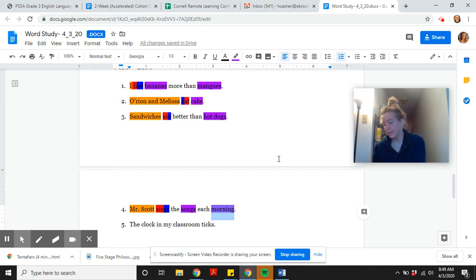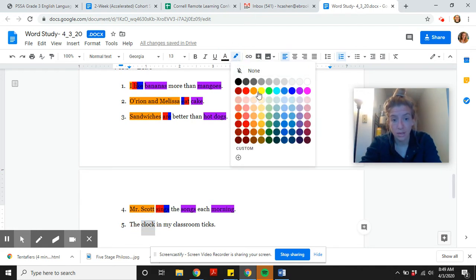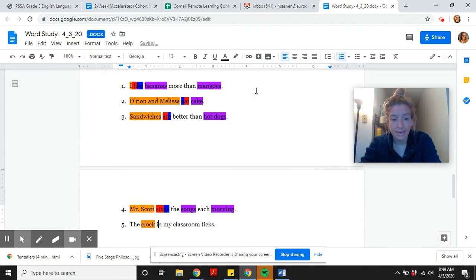The clock in my classroom ticks. What is this sentence mostly about? The clock, it's a noun and also my subject. In my classroom. What's a classroom? Is classroom a verb? Nope.